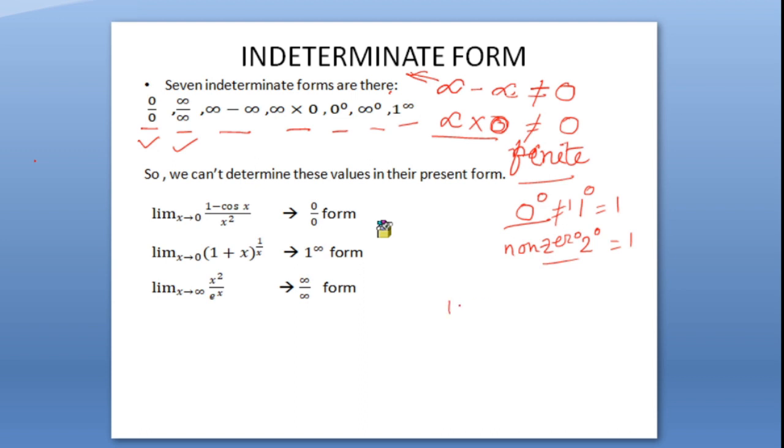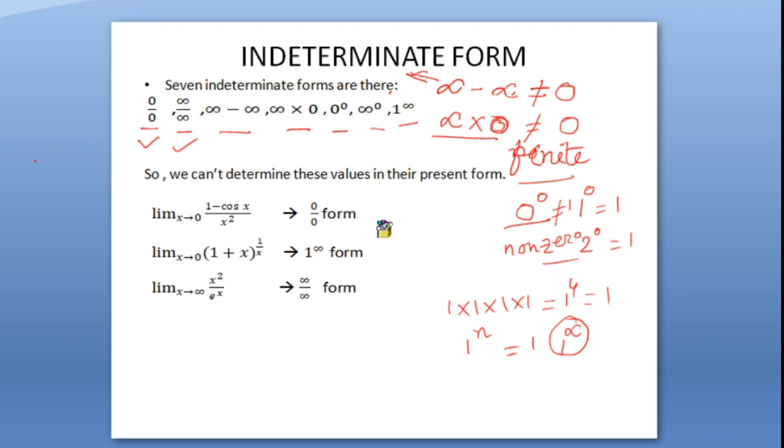Normally we know whenever we multiply 1 into 1 into 1 into 1, that means 1 to the power 4 equals 1, 1 to the power 5 equals 1. And if we multiply 1 up to n times, that is 1 to the power n, that is also 1. But we cannot write 1 to the power infinite is equal to 1, because we don't know what kind of number this is. This is not finite, that's why it is also an indeterminate form.